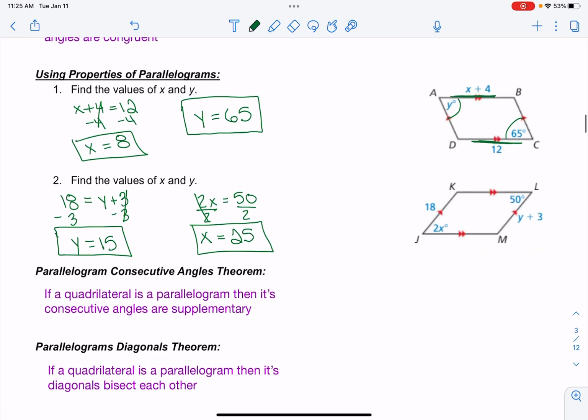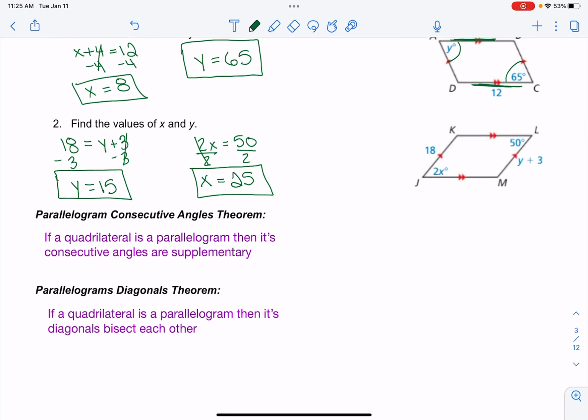All right, so then we have a couple more theorems. So we have the parallelogram consecutive angles theorem that states if a quadrilateral is a parallelogram, then its consecutive angles are supplementary. Remember, consecutive angles means that they are next to each other. So if you have one angle, then your next angle is either to the left of it or the right of it, or like above it or below it, depending on where your angle is at.